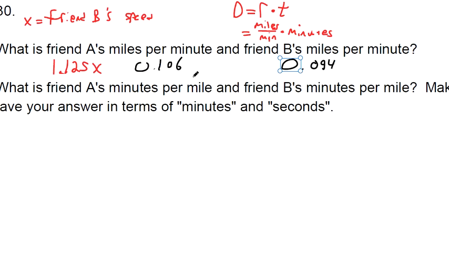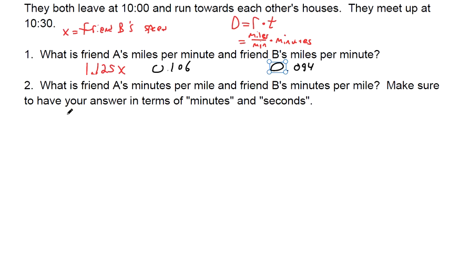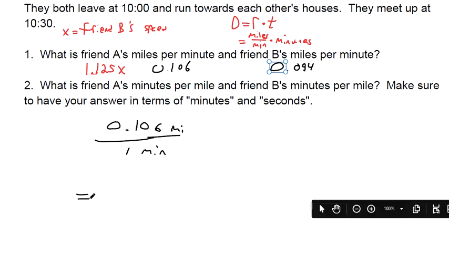Okay, so I cleared the board so we have room for part 2 here. Friend A travels 0.106 miles for 1 minute. And if we want to express things in terms of minutes per mile, just flip the fraction.